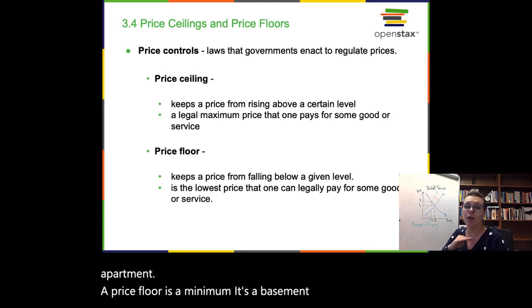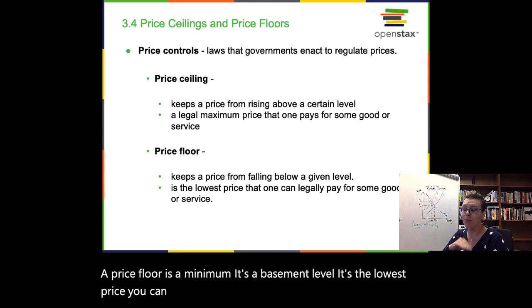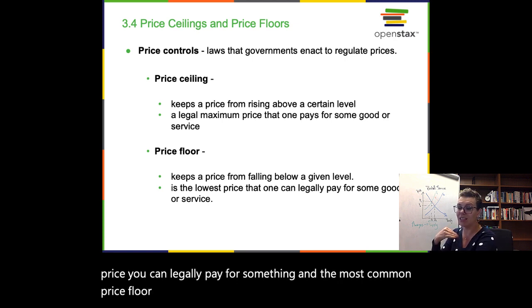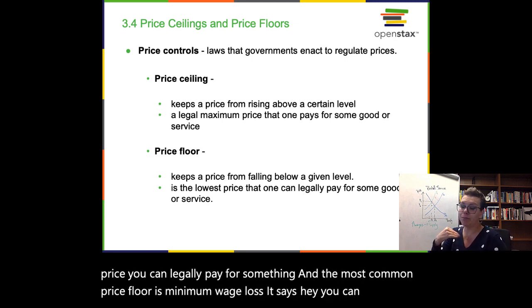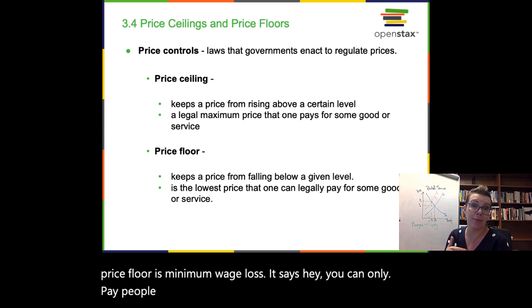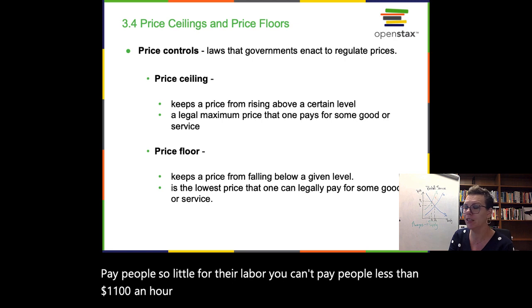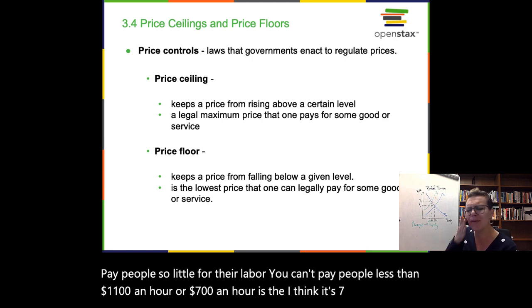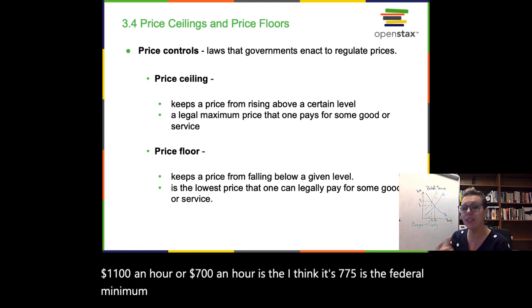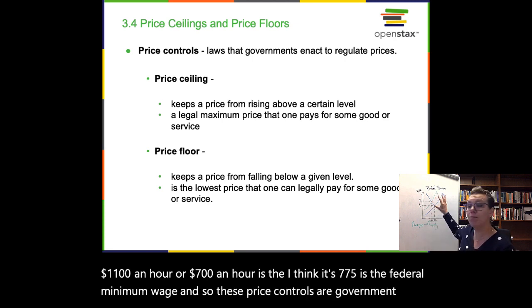It's the lowest price you can legally pay for something. And the most common price floor is minimum wage laws. It says, hey, you can't pay people less than so much for their labor. You can't pay people less than $11 an hour, or I think it's $7.75 is the federal minimum wage. And so these price controls are government regulations on the market.